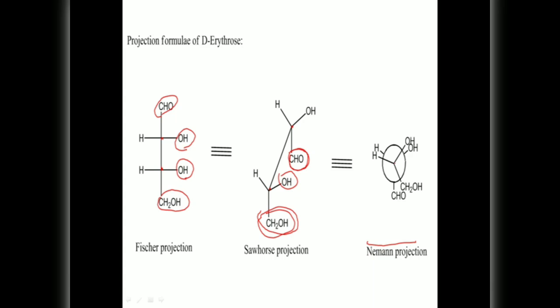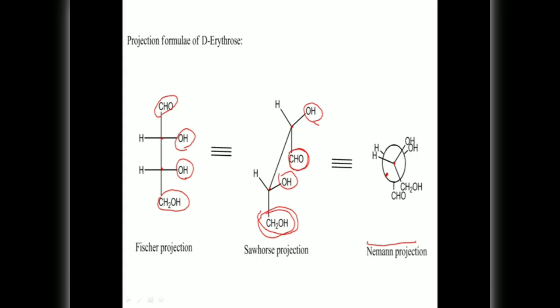In the Newman projection formula, this carbon is the front carbon, which is the second chiral carbon, and this circle is the rear carbon, that is the first chiral carbon. To the first chiral carbon, H is on the right side and OH on the left side.